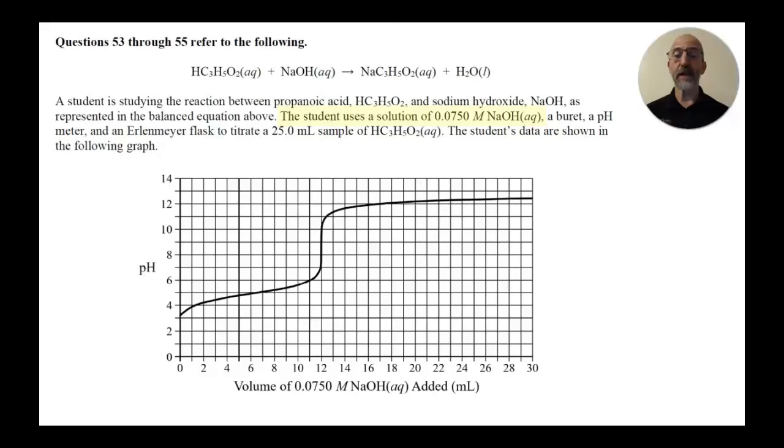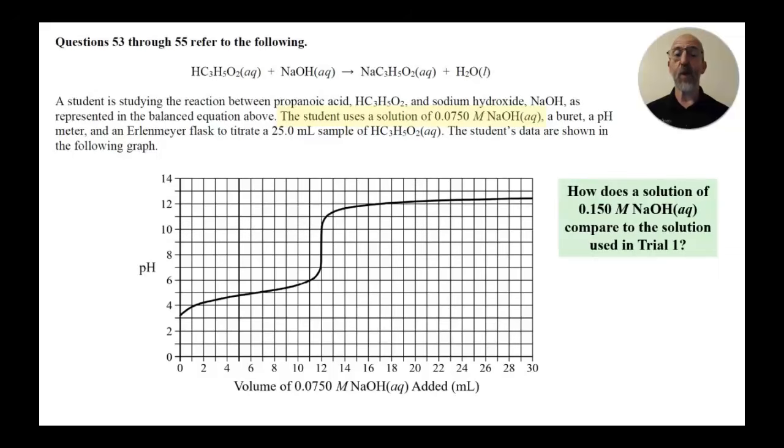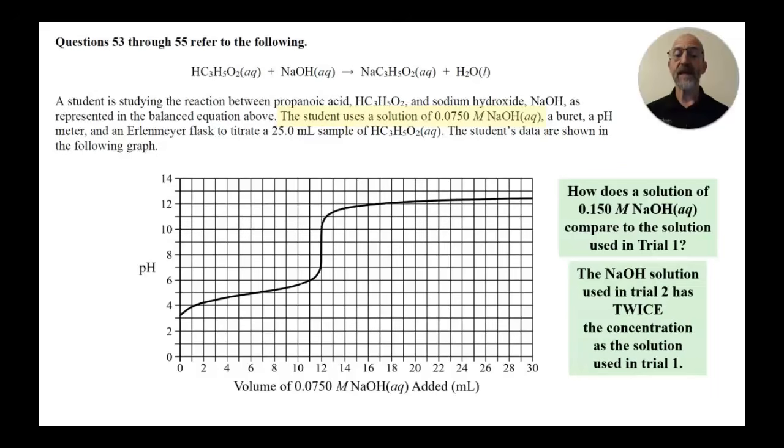In experiment 1, it was 0.0750, and now in experiment 2, it is 0.150. So how does a solution of 0.150 molar sodium hydroxide compare to the solution used in trial 1? It is twice as much. So the sodium hydroxide solution used in trial 2 has twice the concentration as the solution used in trial 1. Now, as far as the equivalence point is concerned, we had an equivalence point for trial 1 of 12 milliliters.